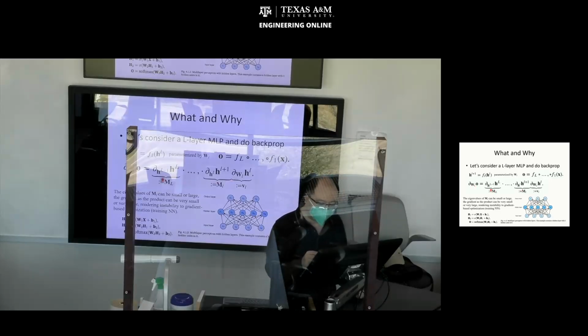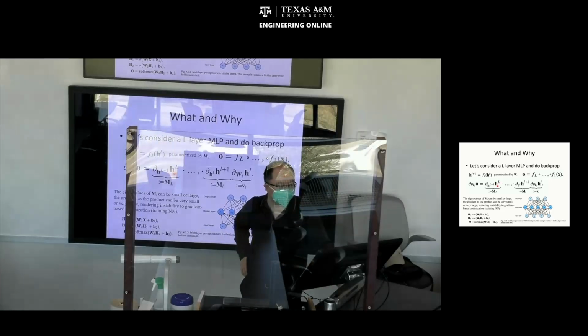So for instance, I can look at what is the L-th layer's H sub L with regard to W sub L, and I can also have the L plus 1's layer H, and all the way to the capital L's layer. So I'm just using the chain rule here.